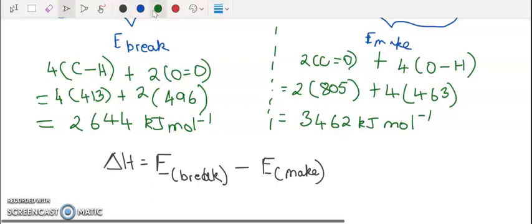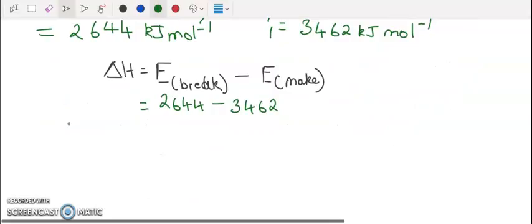So we're just going to plug in those values and it's going to give us 2644 minus 3462, and this gives us the total answer: negative 818 kilojoules per mole.